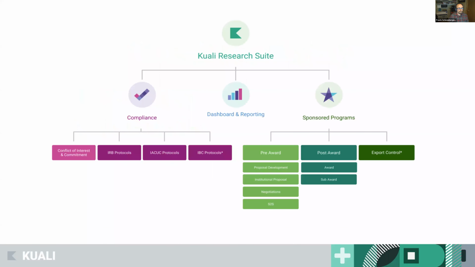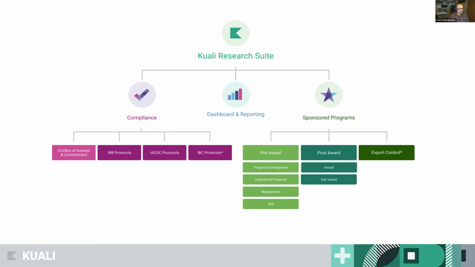Next. This is just a graphic that shows the various pieces of our Kuali Research suite. You can see that there are three main pieces: compliance, dashboard reporting, and sponsored programs. Under those umbrellas, I, for example, work on sponsored programs, and we have pre-award, post-award, and now export control.